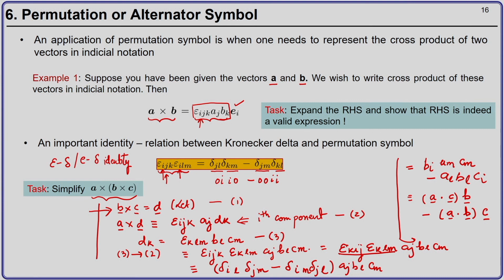You can see how nicely I can use the concept of indicial notation and the permutation symbol to verify certain vector identities.